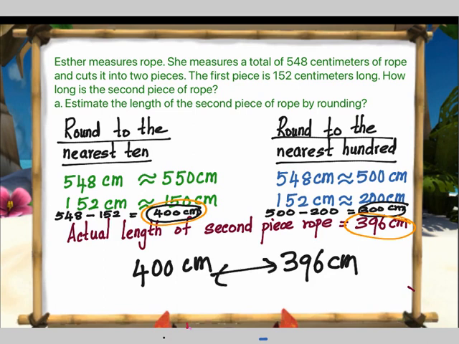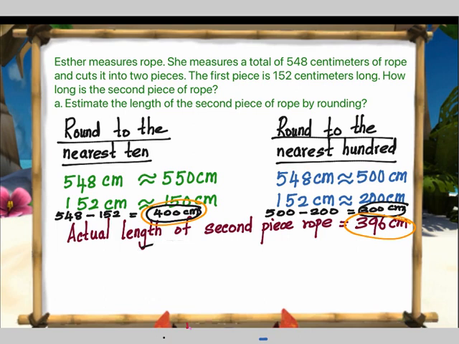So if you see, the estimate is only 4 centimeters away from 396 centimeters, or the actual answer. So that's how I know my answer is reasonable. So comparing the answer with the estimate helps us to check whether what we have done, or how we have calculated, is correct or not.